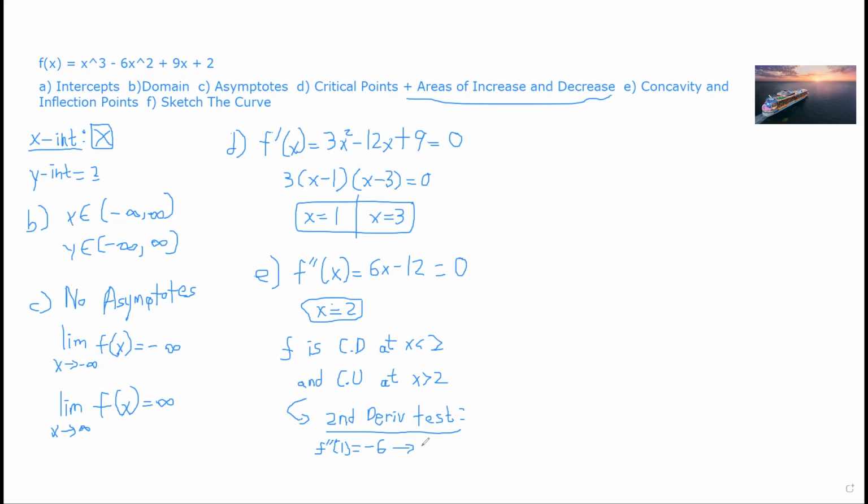So x equals 1 is a local maximum according to the second derivative test. f double prime of 3 will give you 6, a positive value. Since this is greater than 0, at 3 it's a local minimum.